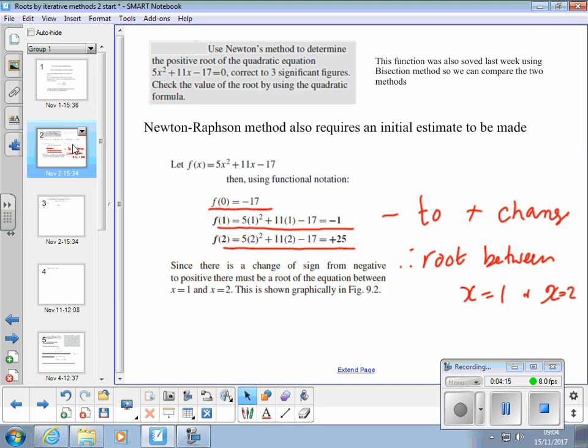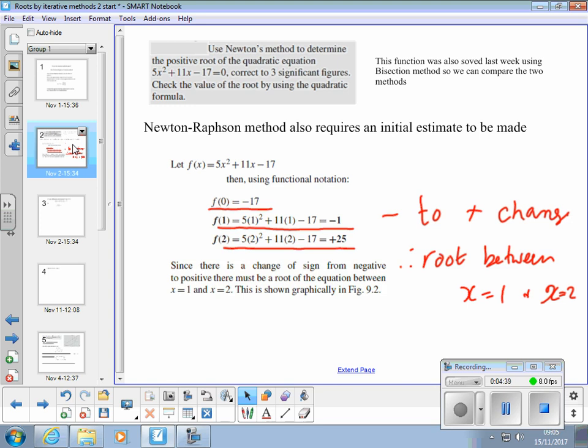Personally, in this case, I'd choose 1 because the function when x is equal to 1 is closer to 0 than it is when x is equal to 2. So you're likely to be starting from a closer point. Okay? You're all happy with that? So the initial estimate is found in the same way as you did for the bisection method.